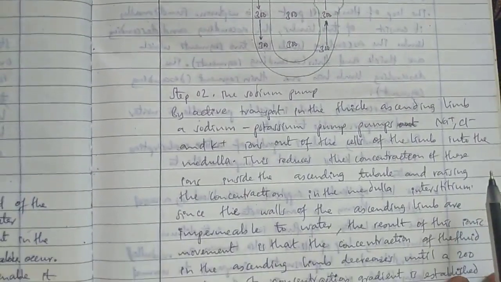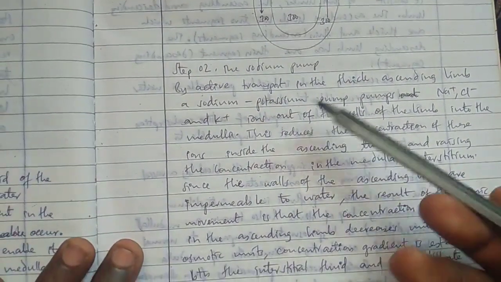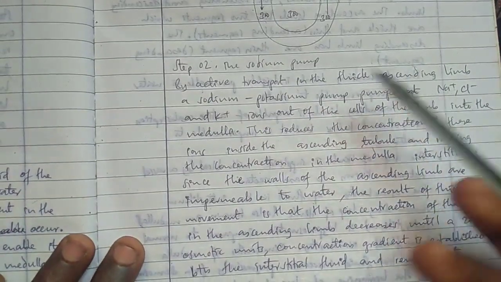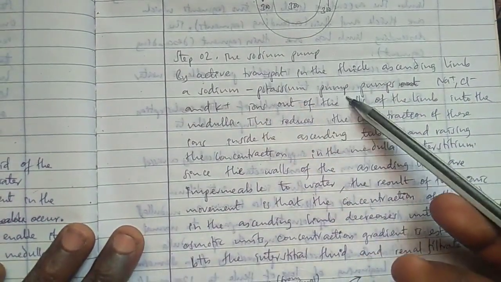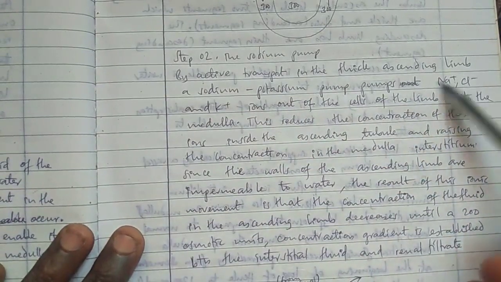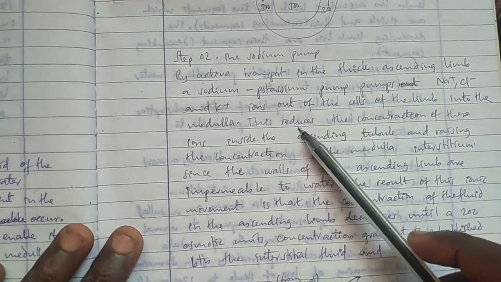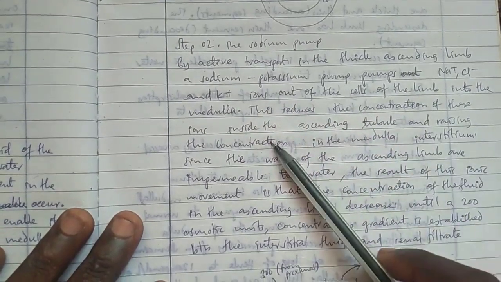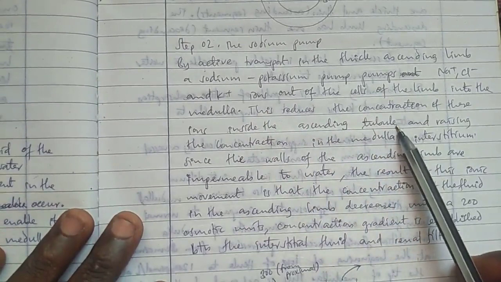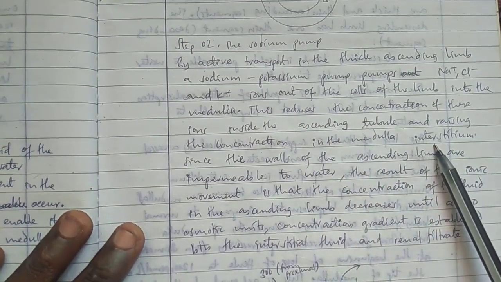In the second step, let's explain about the sodium pump. What does it do? By active transport in the thick ascending limb, the sodium potassium pump moves sodium, chloride and potassium ions out of the cells of the limb into the medulla. This reduces the concentration of these ions inside the ascending tube and raises the concentration in the medulla interstitium.